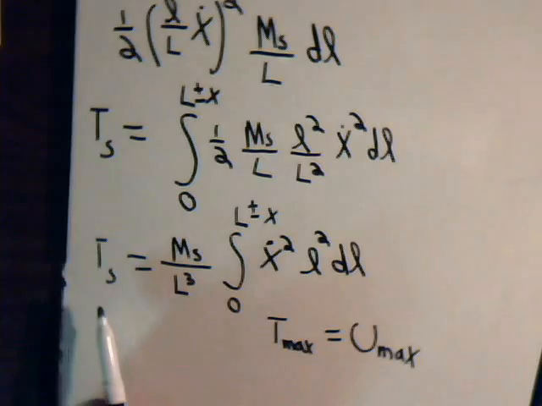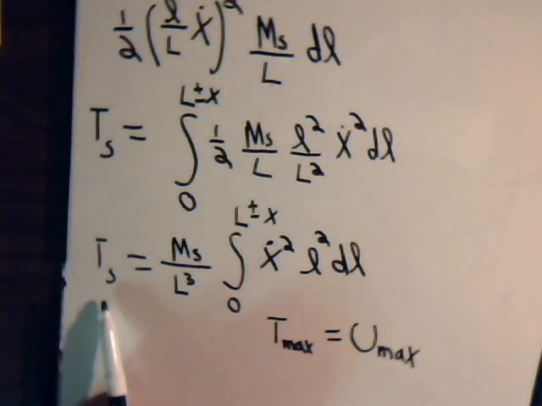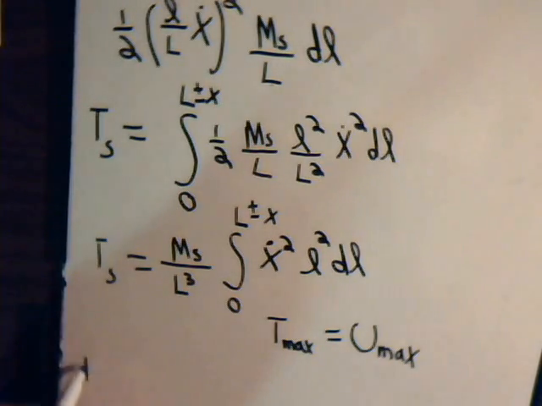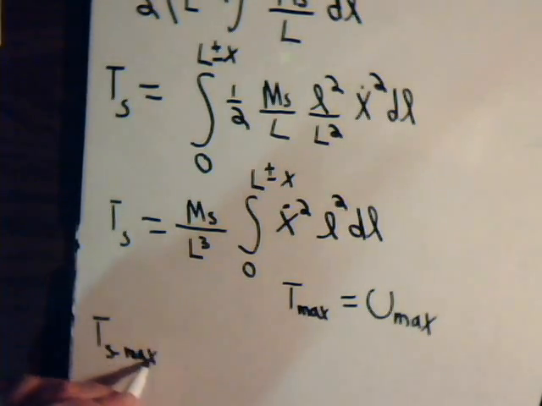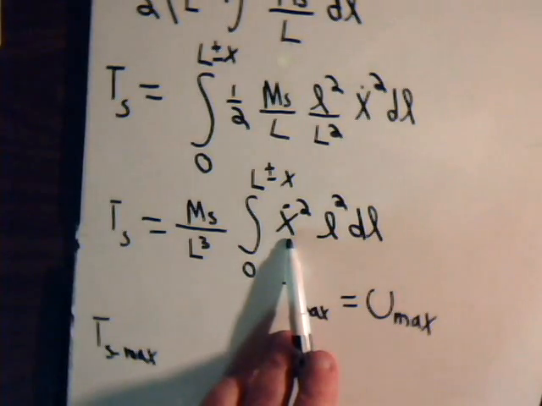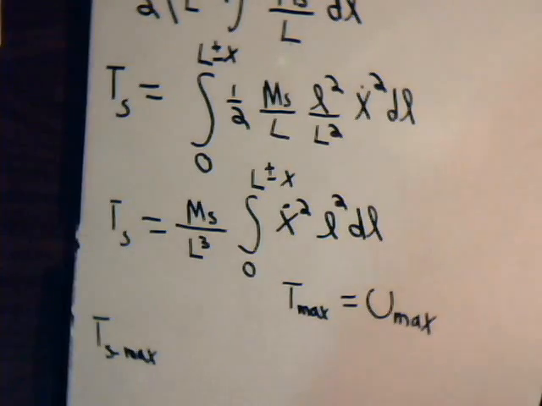Now, for the spring, it's not going to have a maximum kinetic energy unless this is at its maximum value. Let's remember what x dot is. We'll get back to this business later.